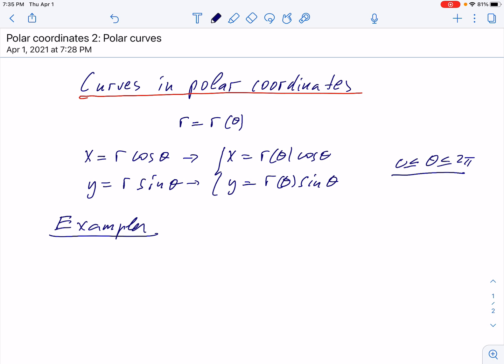We're given this polar curve, 4 times secant theta, just this. Find the Cartesian equation for this and identify the curve.